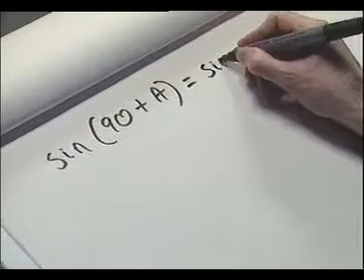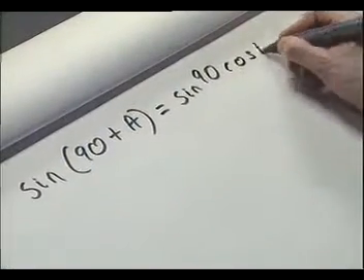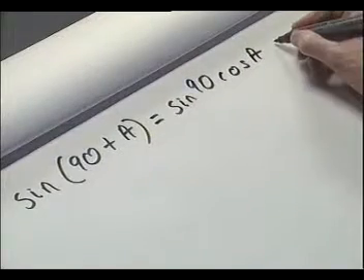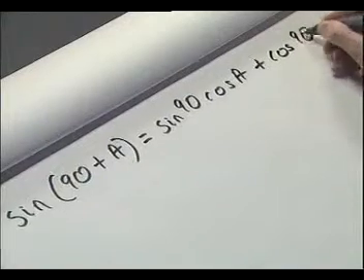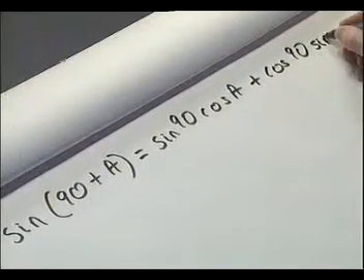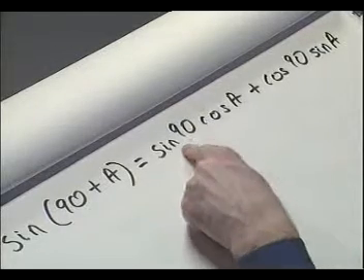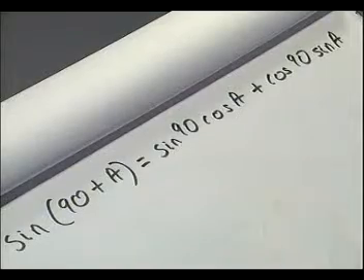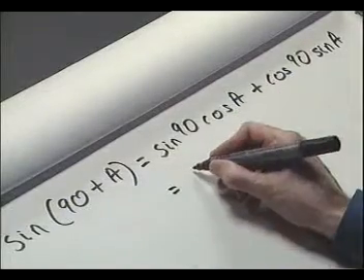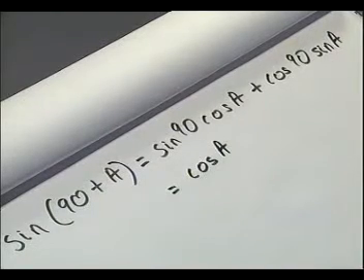It's sine of 90 cos of a plus the cos of 90 sine of a. Sine 90 is 1. And cos a is just cos a. So first of all, we have 1 times cos a, which is just cos a.